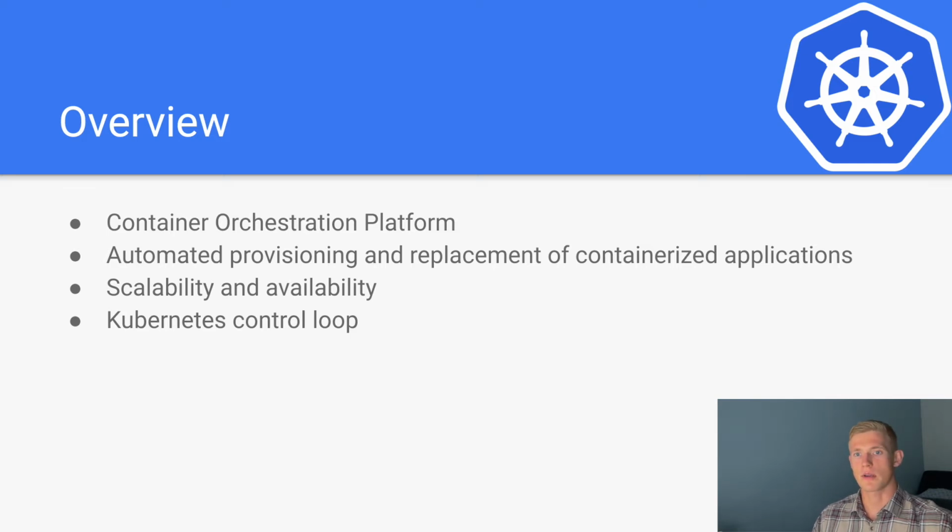And what that essentially means is that if we want to deploy a certain application using a container, we can specify in a YAML file what we want to deploy, and Kubernetes will determine where in our cluster, in our say set of machines that are allocated to Kubernetes, that it should be deployed. And let's say the container goes down at some point, Kubernetes will look after re-provisioning that container. So it gives us a great deal of availability.